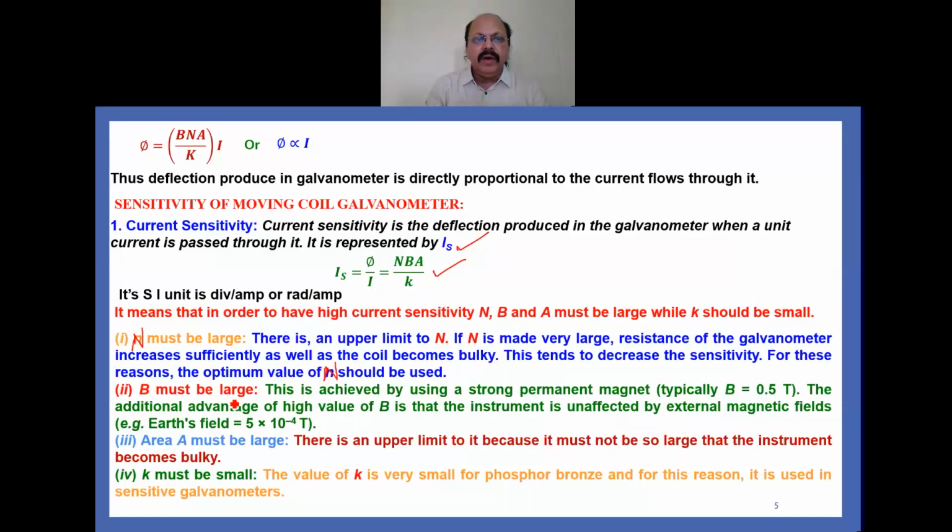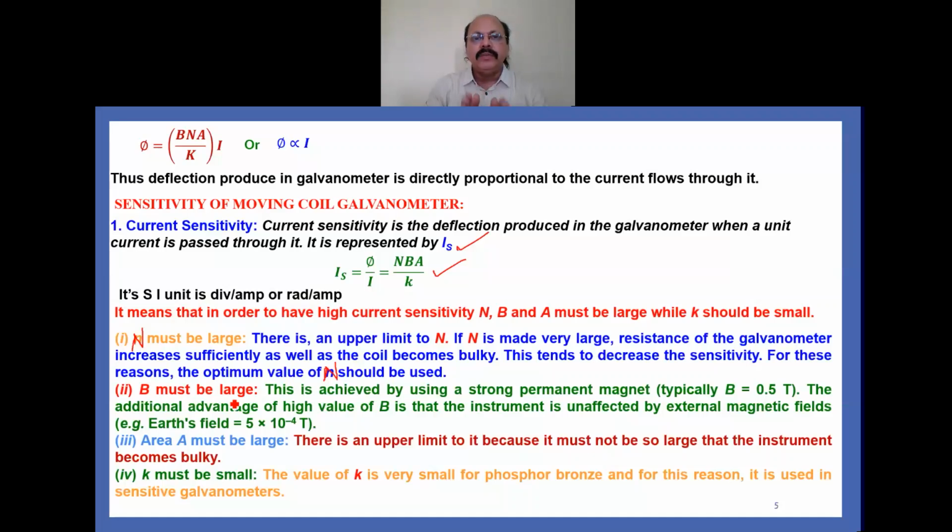And the third one is that area must be large. Again, there is an upper limit, because if you increase the area, then the coil becomes bulky, and then the instrument becomes bulky, as well as the resistance also increases. So there is an upper limit up to which we can increase the area of the coil. Now the fourth factor is K, that is torsional constant.